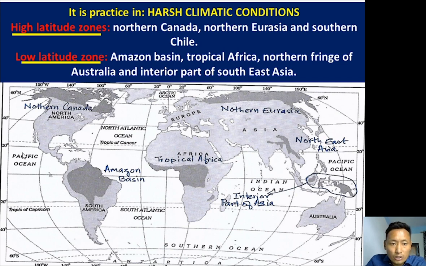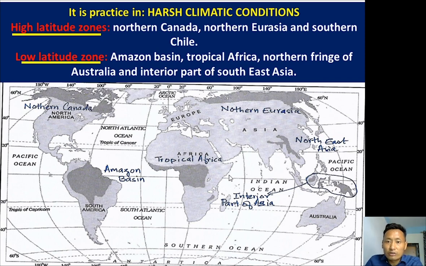Near the equator, the regions called low latitude zones include the Amazon Basin, tropical Africa, the northern fringe of Australia, which is not labeled in your textbook, and the interior part of Asia.